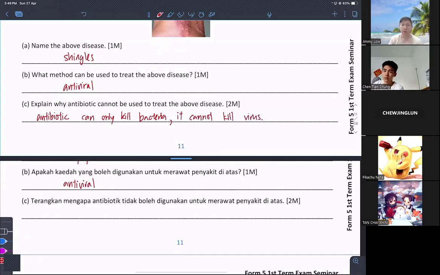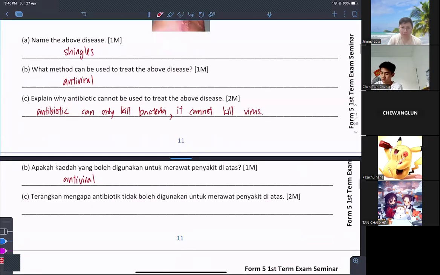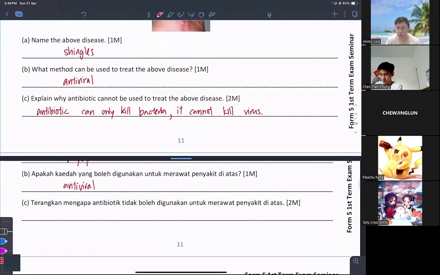Antibiotik hanya dapat membunuh bacteria. Ia tidak dapat membunuh virus. So only then can you score these two points.